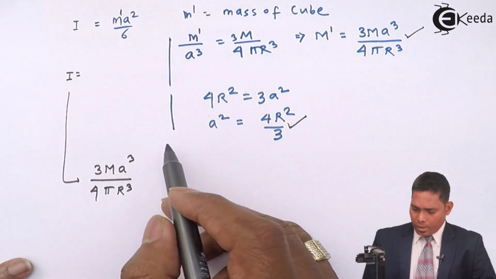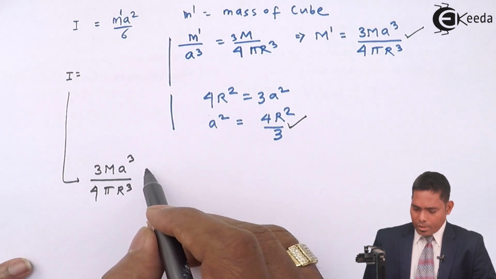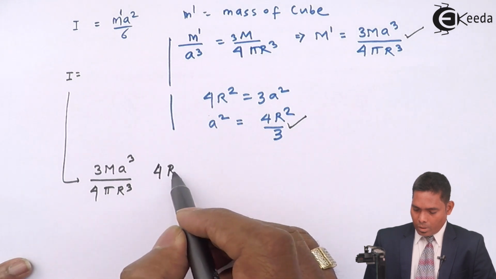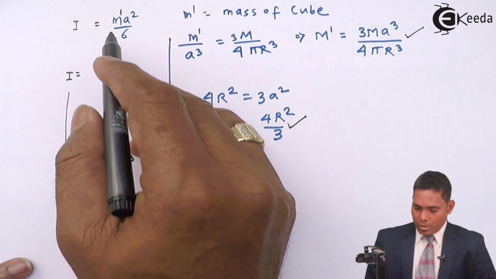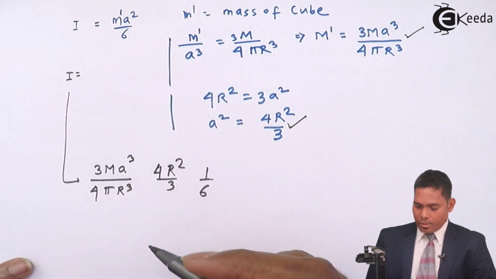A square is 4r square upon 3, and 6 is also there, so 1 by 6.